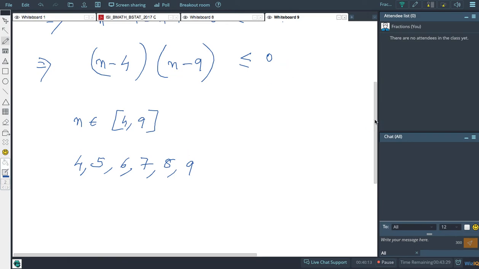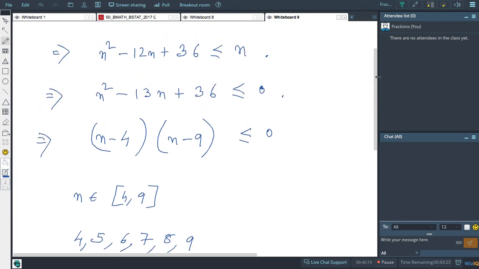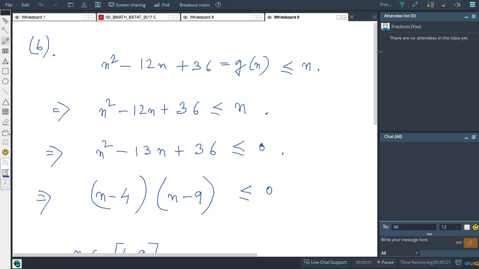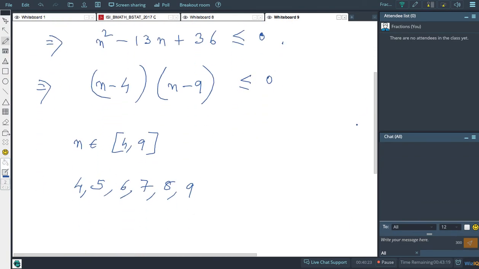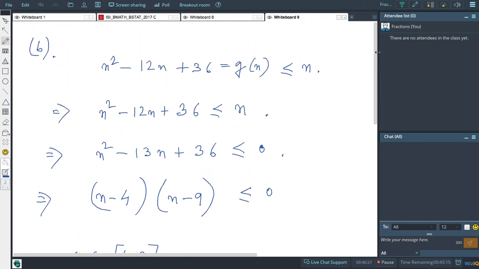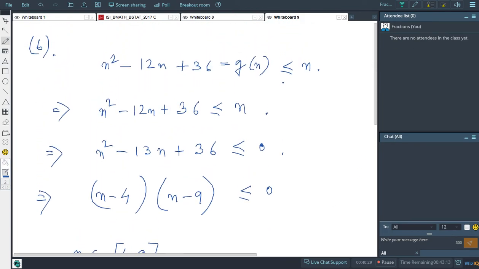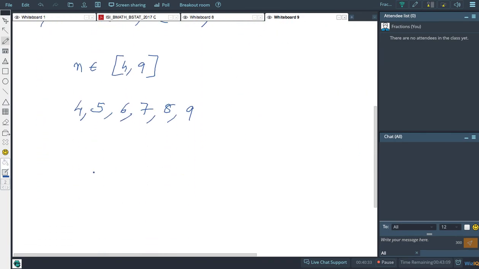Now I need to look for the numbers out of them which satisfy part B. And now look, since they are one digit numbers, and for a one digit number, n is equal to g of n, the product is nothing but that digit, and the number is also a single digit. So for these single digit numbers, g of n is nothing but equal to n.